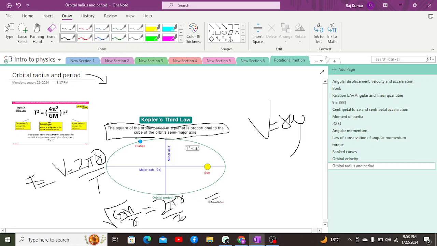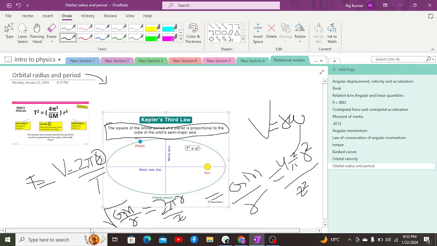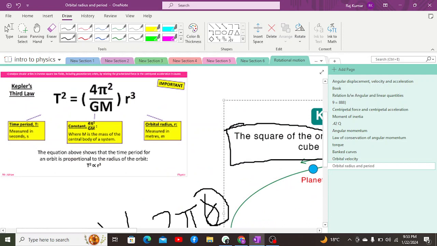Now I'm going to take the square on both sides. When I take the square on both sides, it will be GM upon r is equal to 4 pi square r square upon t square. And further, when I manipulate it, I'll get the final equation, which is t square is equal to 4 pi square upon GM times r cube. Here the time period is measured in seconds, and the constant value is 4 pi square upon GM.